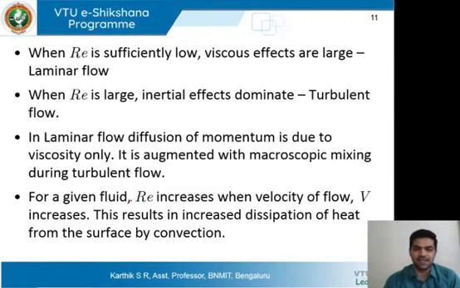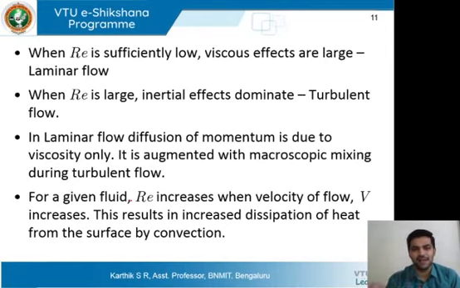So again, we are establishing a relationship between fluid properties and convective heat transfer. When there is a very high value of V, obviously you have a very high value of Reynolds number. And when you observe that external plate flow problem, if you increase the velocity, new fresh fluid will come into contact with the surface, and the dissipation of heat due to convection will be increased.